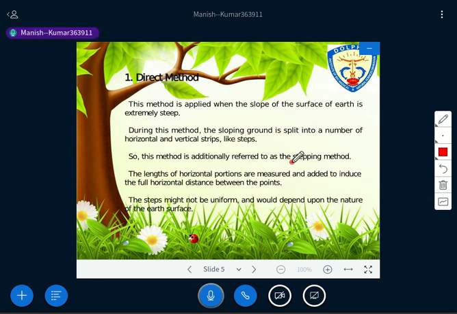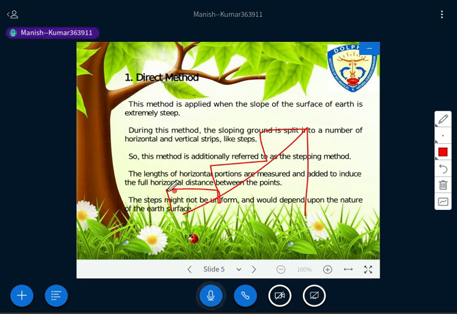And how is it done? Here the sloping ground is split into a number of horizontal and vertical strips, like that, right? Horizontal and vertical, horizontal and vertical. So it looks like a step, and that's why it is also called the stepping method, right?